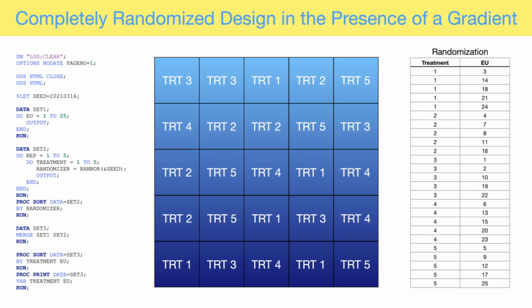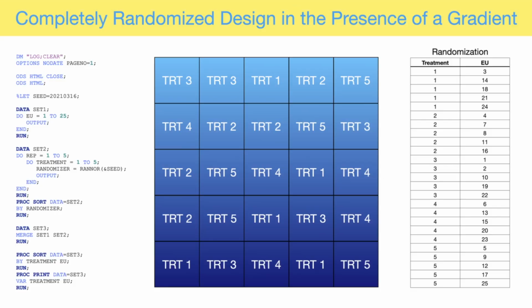Regardless of the reason, let's just suppose that we do have this heterogeneity and that we were to use a completely randomized design, and we'll use the same randomization that we looked at in the previous situation. So we've got these treatments randomized completely at random to the 25 experimental units.